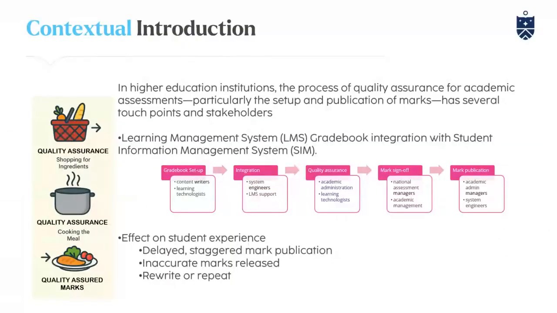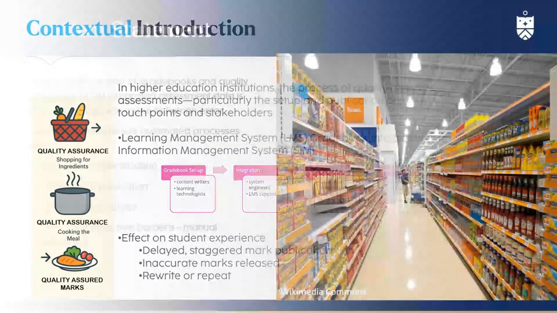But for our students, the impact on their progression is significant. We'll go back to the shopping analogy and then the cooking the recipe analogy within this process. But for now, quality assurance is collectively housed under shopping and the recipe that we're cooking to get that final quality assured mark out.